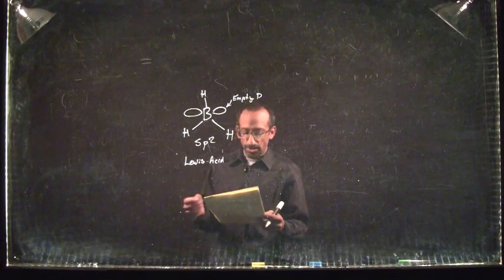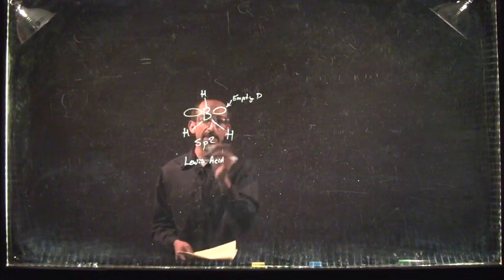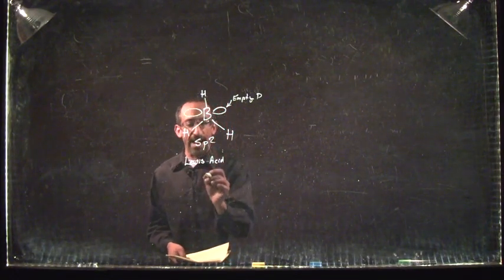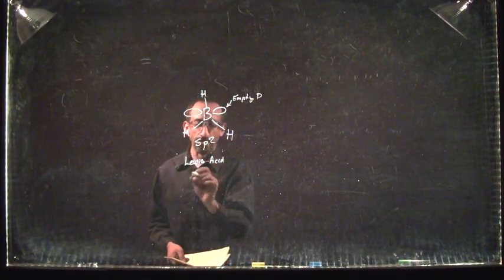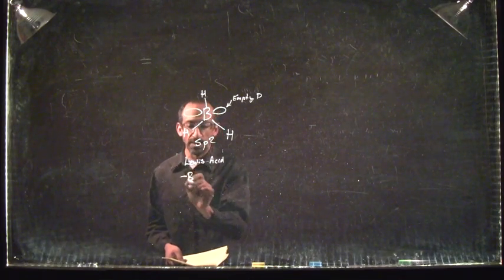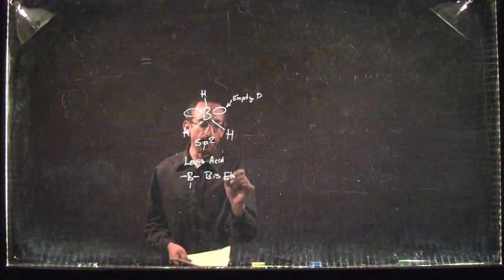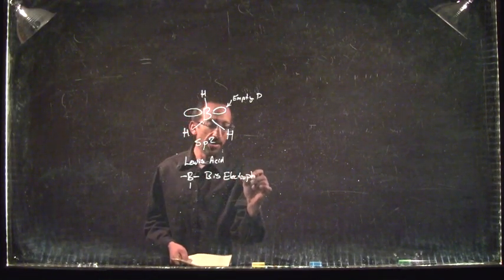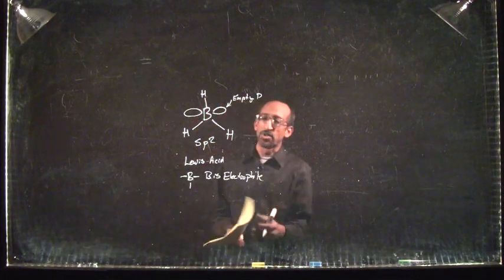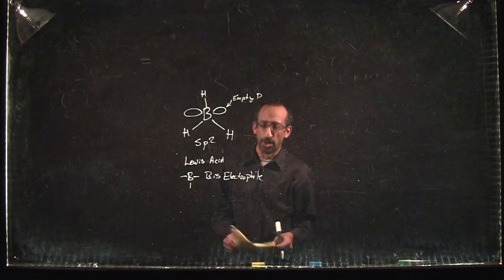But we should also keep in mind that because it is able to accept electrons, this boron atom is also an electrophile. So boron, when it's neutral, is an electrophile. It is electron deficient, and it has that empty p orbital where it is able to receive electrons.